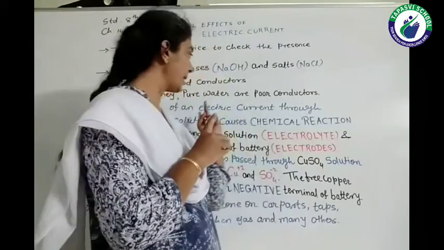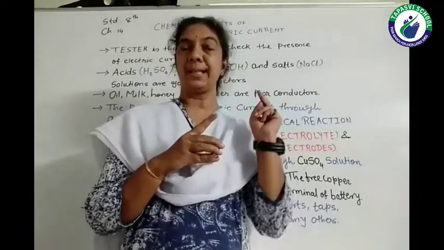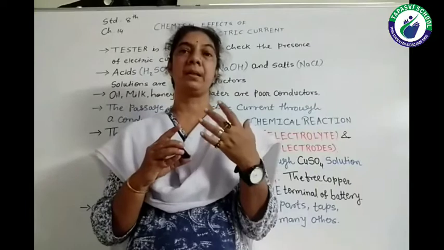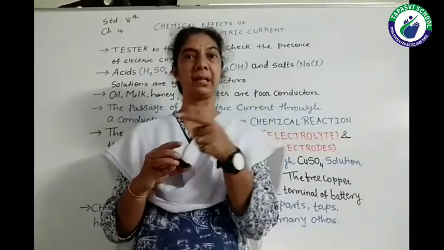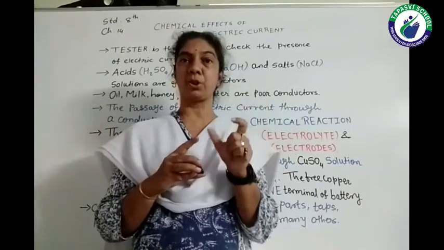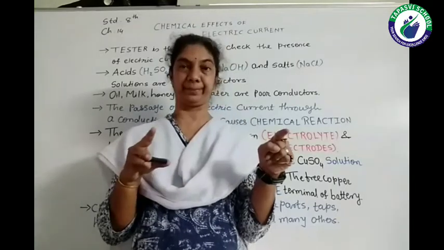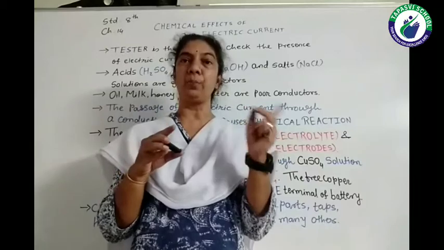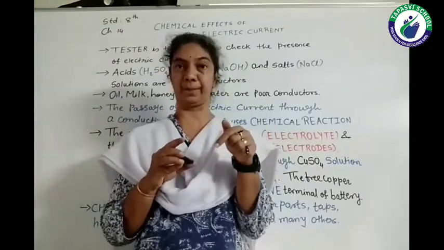So why does this chemical reaction occur? The answer is that whenever we have any compound, chemical, or aqueous solution and we pass current through it, the compound, as I said, CuSO4 or NaCl, dissociates and is divided into positive and negative charges inside the solution.